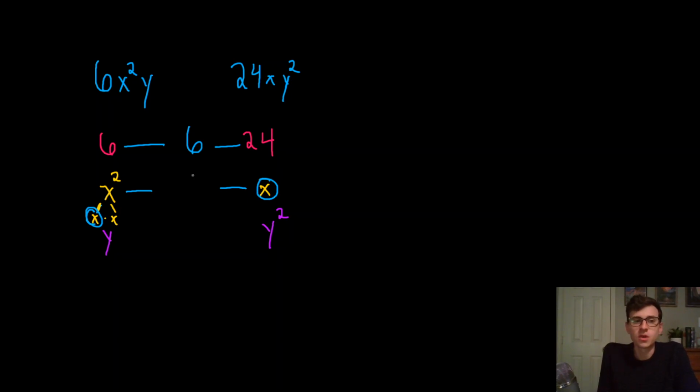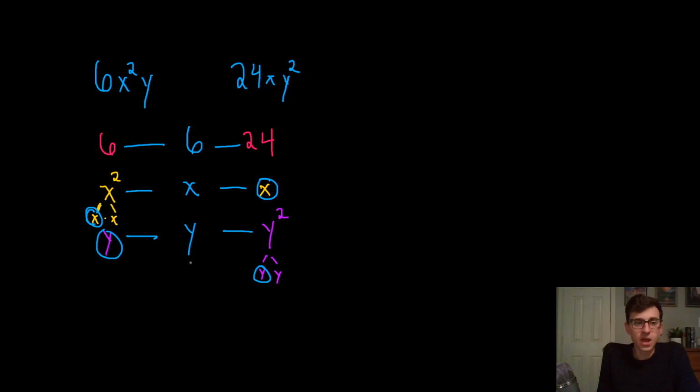And that's as far as we can go. So the greatest common factor here is x. In the same way, if I'm looking at y and y squared, if I did a factor tree for y squared, this would be y times y. So the greatest common factor between y and y squared is y.